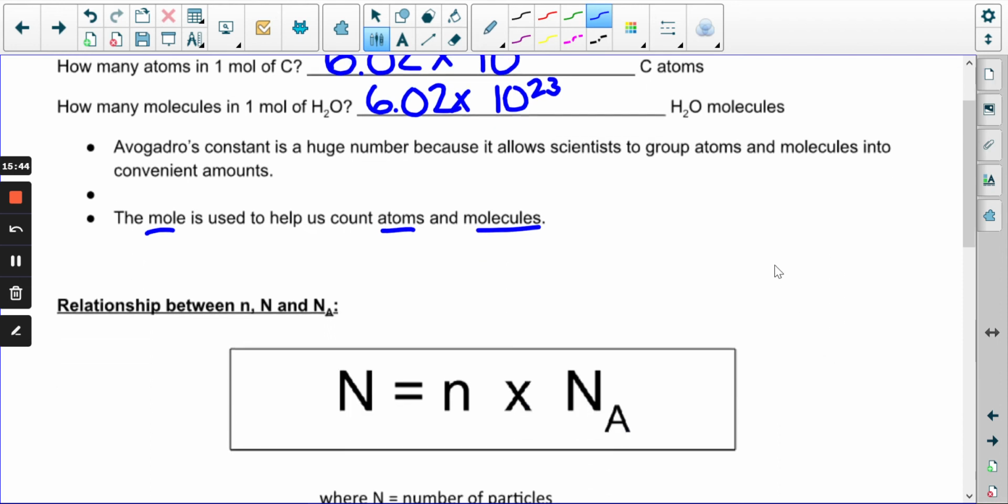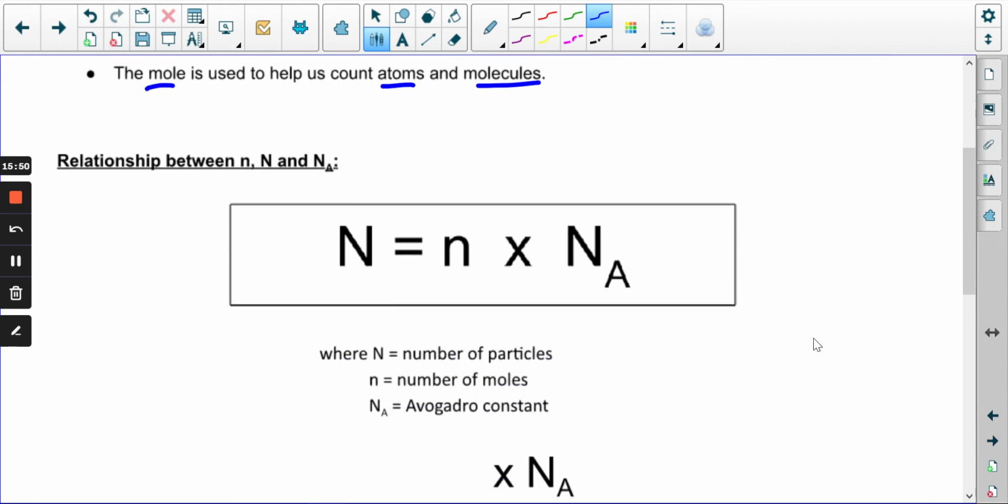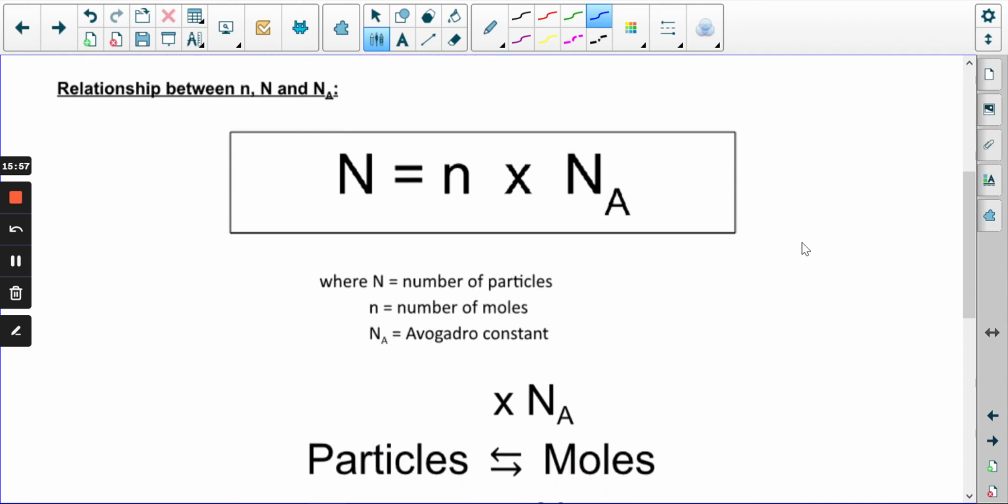So, the relationship between N, n, and Na. I know that looks really confusing, but we're going to put names and some practice into using these different things. Capital N in this context represents the number of particles.